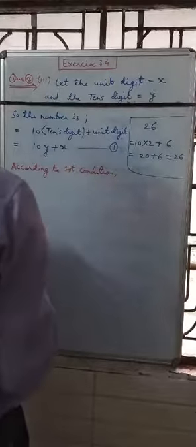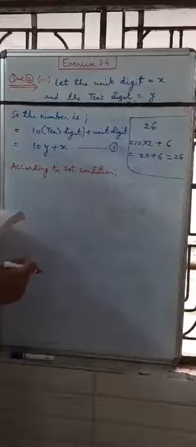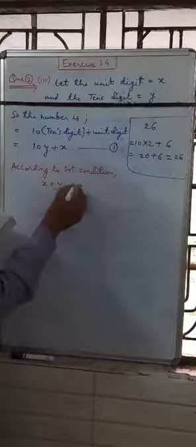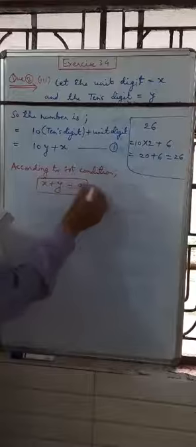The sum of the digits of the two-digit number is 9. That means the sum of the digits, x plus y, the unit digit plus the tens digit, is equal to 9. It is also an important equation for solving the problem. It is equation number 2.